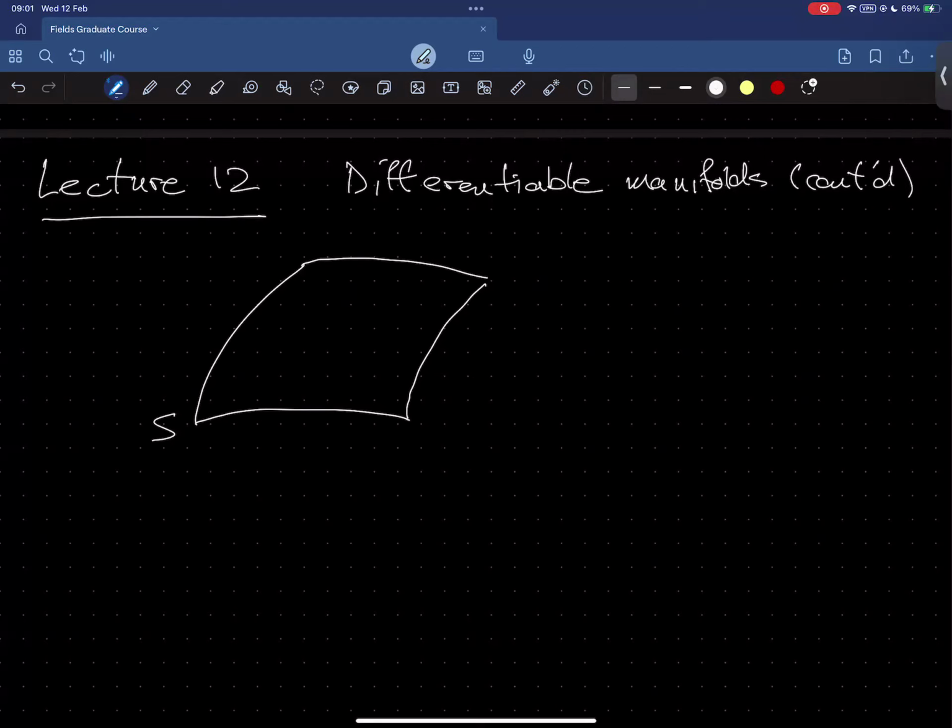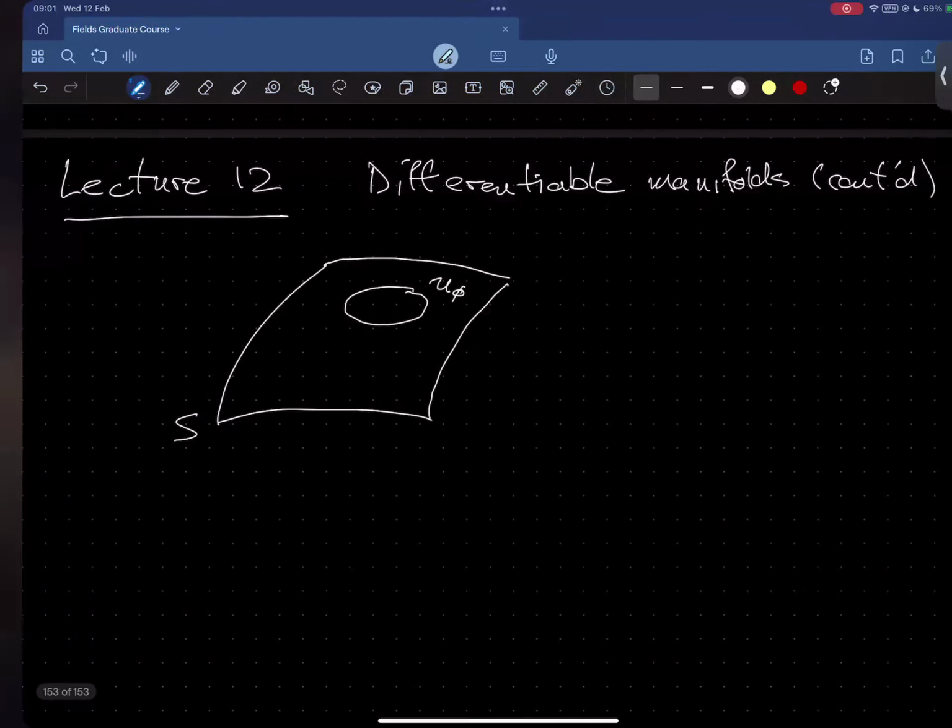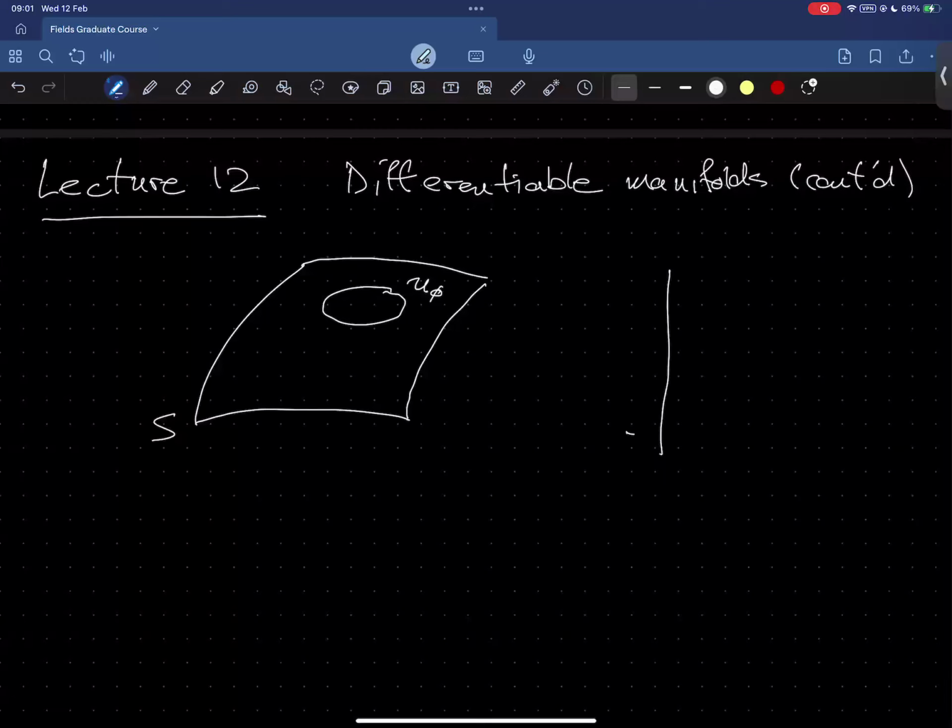Okay, so a chart took some subset, which I called U phi, and then it mapped it into some locally convex space, which I call V phi, by a mapping phi.